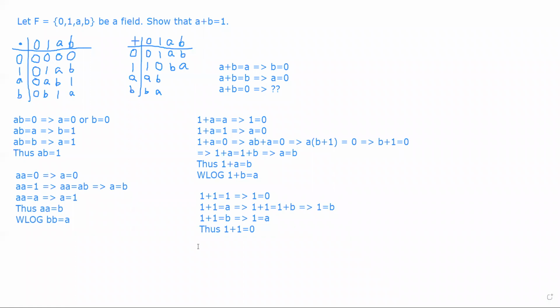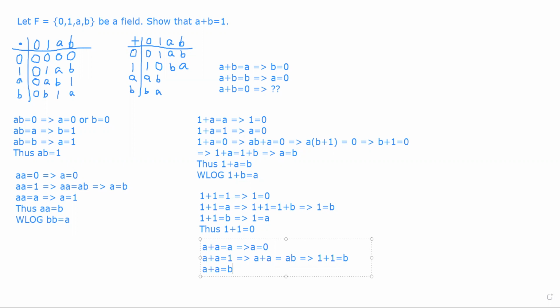And now we claim that A plus A is also 0. We can rule out the easy case, A plus A equals A. Suppose A plus A equals 1. Then we get that A plus A equals AB, which implies that 1 plus 1 equals B. But we just proved that 1 plus 1 equals 0, so this is impossible.